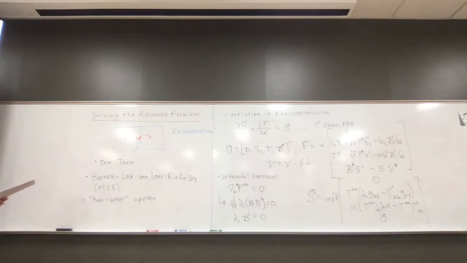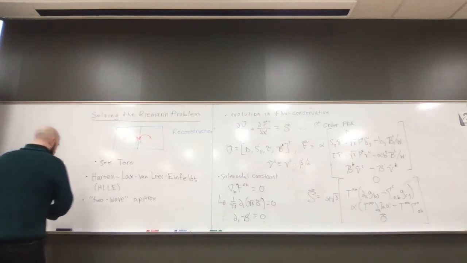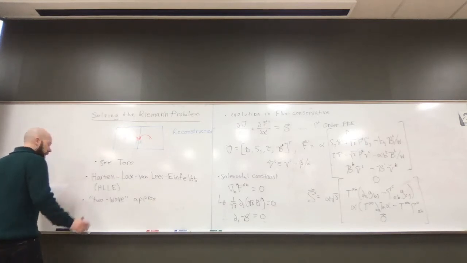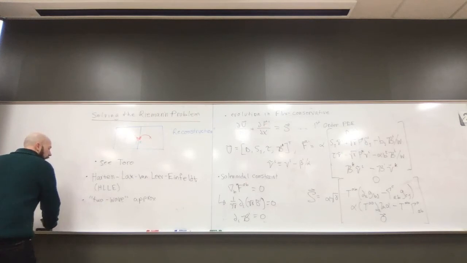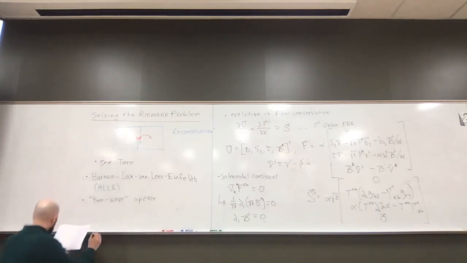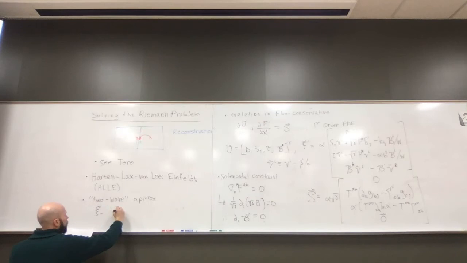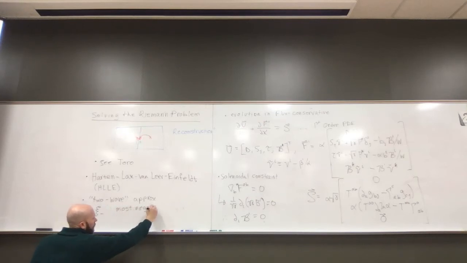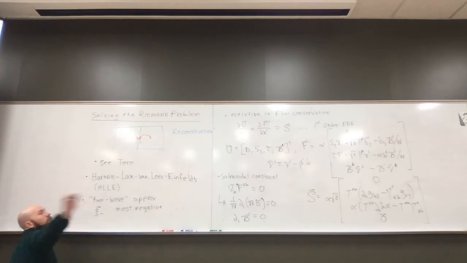I just don't see any way that I'm going to be able to keep those up on the board. Not in this classroom. Okay, and they're characterized by two wave speeds. So we only need two wave speeds for this. I'm going to call them xc. It's going to be xc minus, which is the most negative, so the one moving fastest in one direction. Pick a direction, whatever direction you want to be negative.